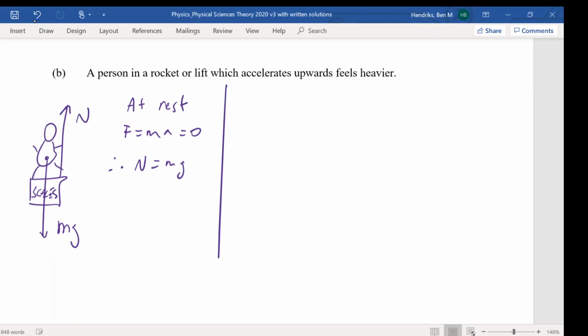Now let's put them in an elevator. So let's put this person again, and their scales, inside an elevator. Those scales should be connected to the floor. That's funny, but anyway. Let's make the floor large.